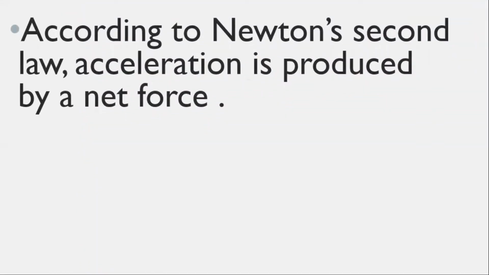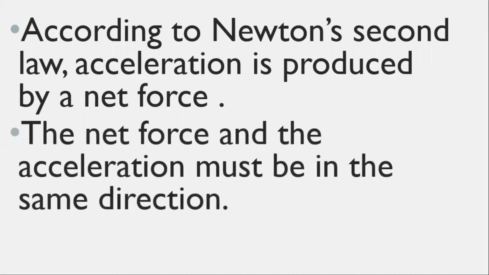According to Newton's second law, acceleration is produced by a net force. If there is no net force, there will be no acceleration. The net force and the acceleration must be in the same direction. So if you apply a force to an object, the object's acceleration should follow the direction of the net force.